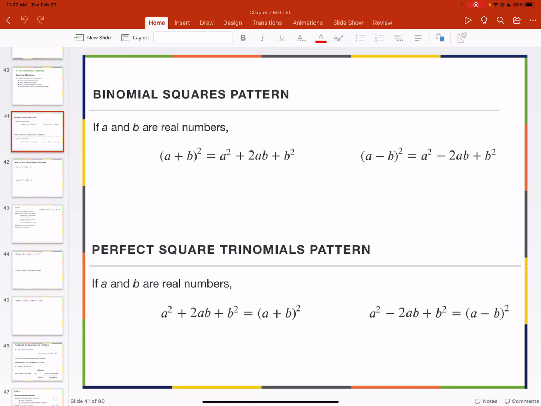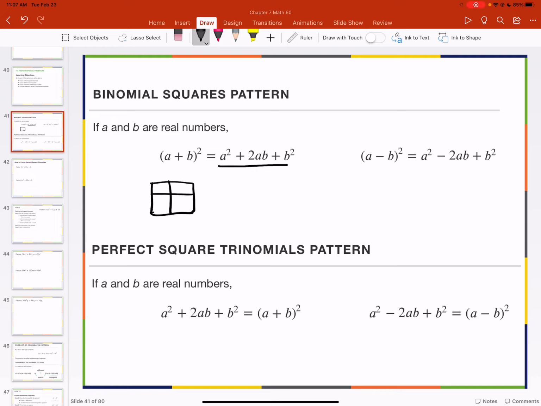Remember that if you have a binomial that is squared, it has this pattern here: a squared plus 2ab plus b squared. So in other words, I think we went over this before, but if you have (a plus b) times (a plus b), you get a squared, ab, ab, b squared, and then your final answer will be a squared plus 2ab plus b squared. You can go ahead and do the box on your own to check it, but it is true, I promise.